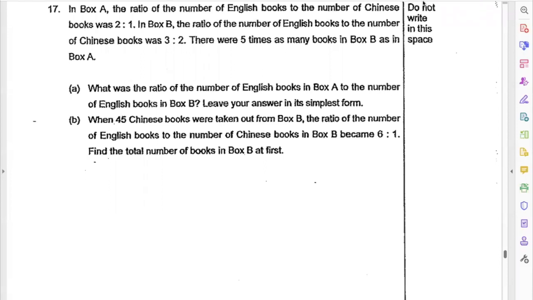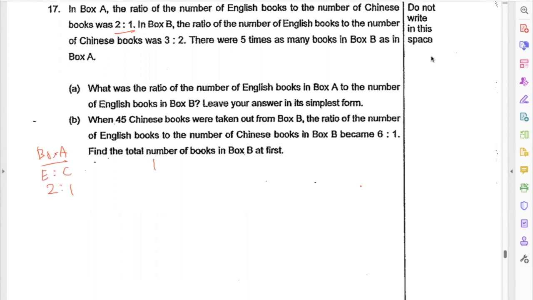There were 5 times as many books in box B as in box A. So first, let's record what is written in the question. 2:1. This is box A. So 2 is for English and 1 is for Chinese.